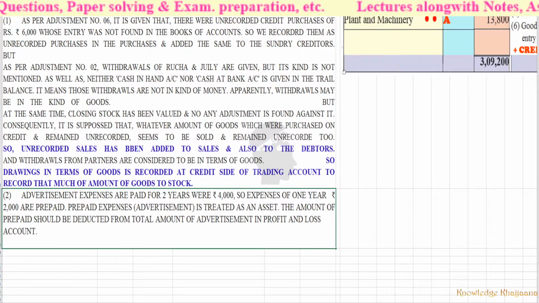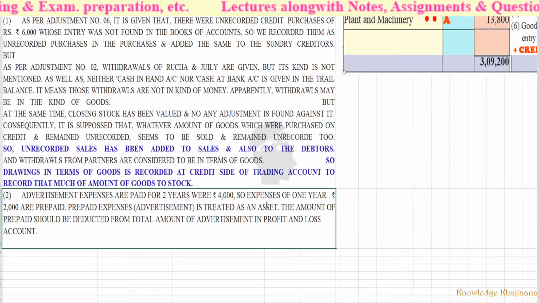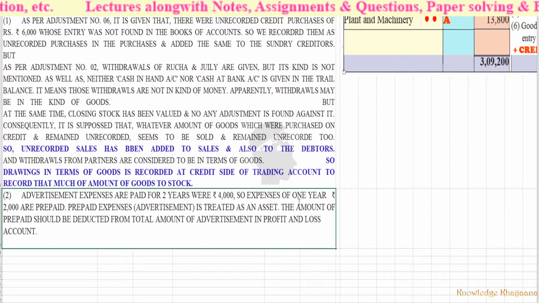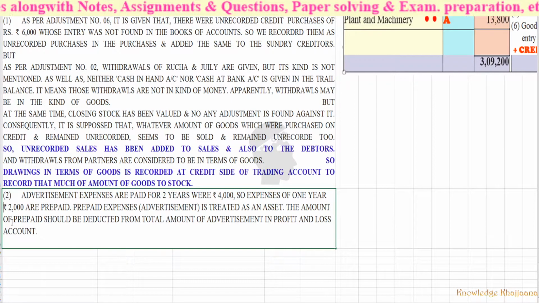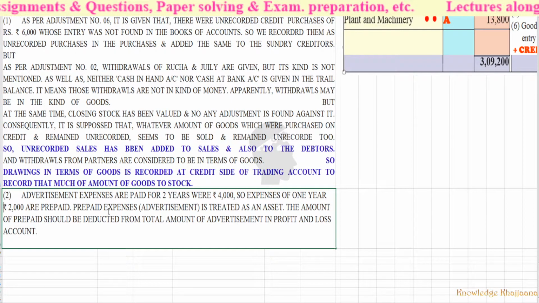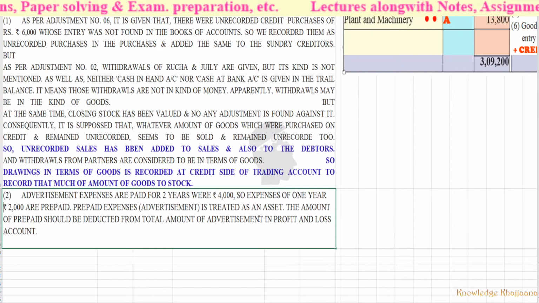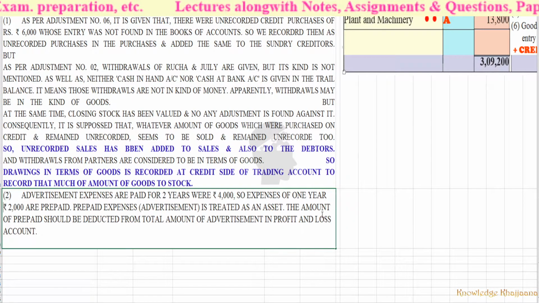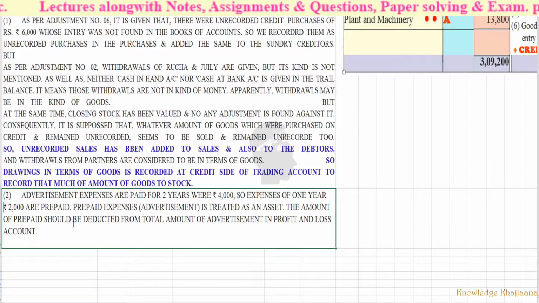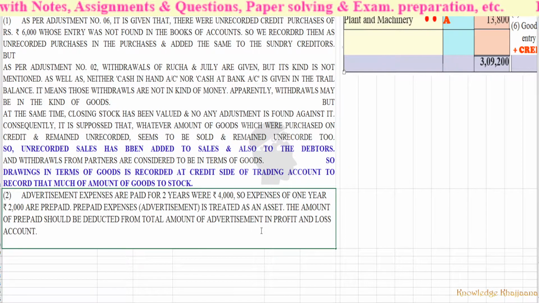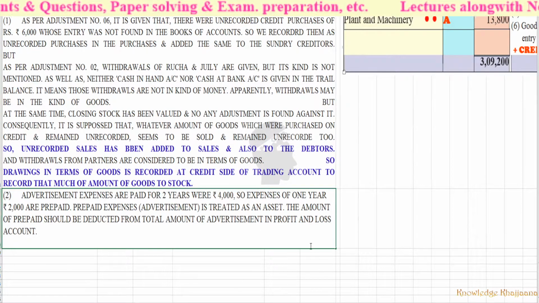So the expenses of 1 year were rupees 2,000, and the expenses of 1 year, rupees 2,000, are prepaid. Prepaid advertisement is treated as an asset. So the amount of prepaid should be deducted from the total amount of advertisement in the profit and loss account.